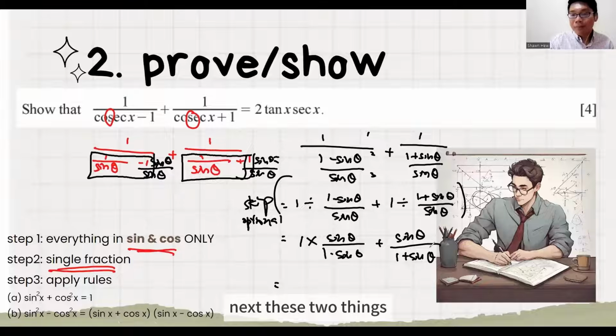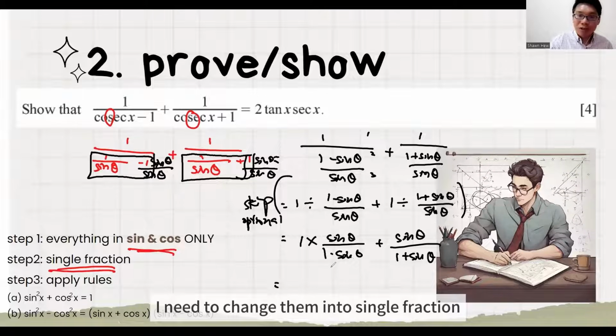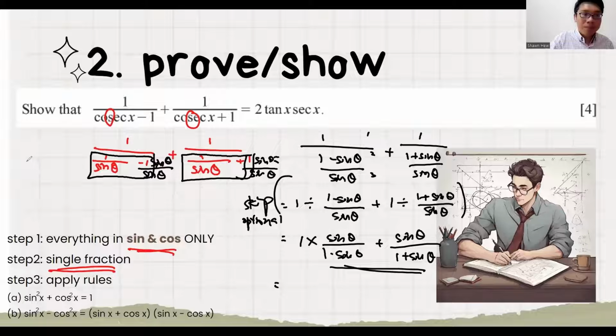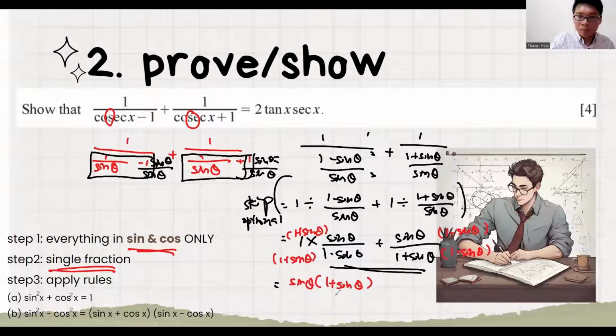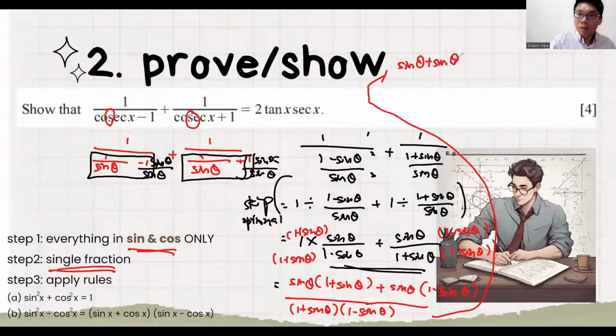Next, these 2 things, I need to change them into single fraction. This side, I times 1 plus sine theta. This side, I times 1 minus sine theta. This is when I expanding it.